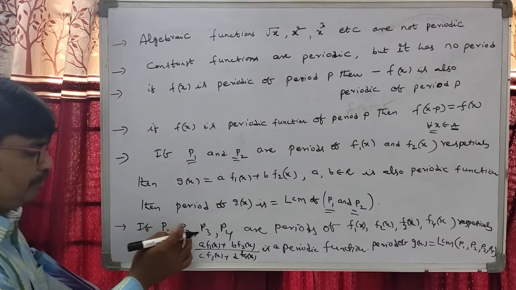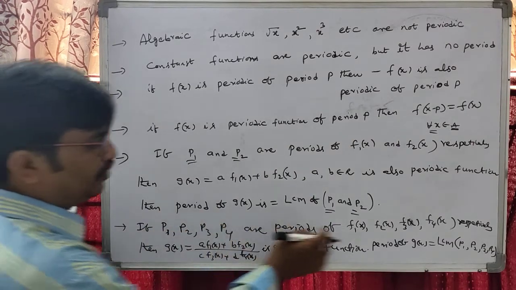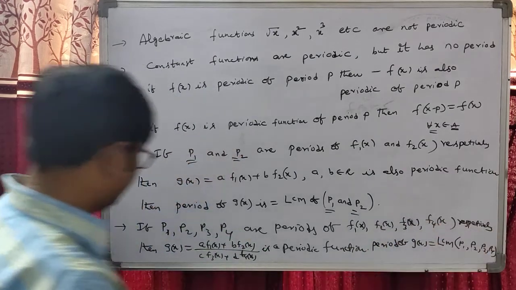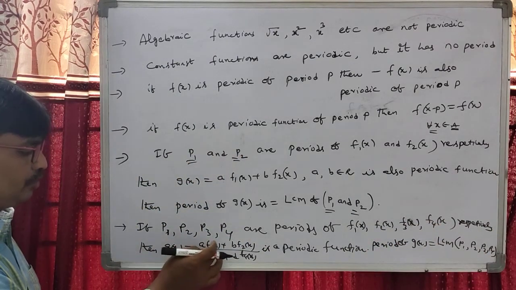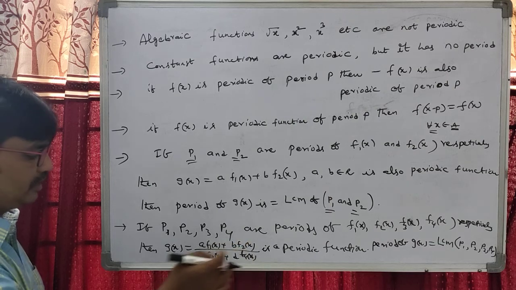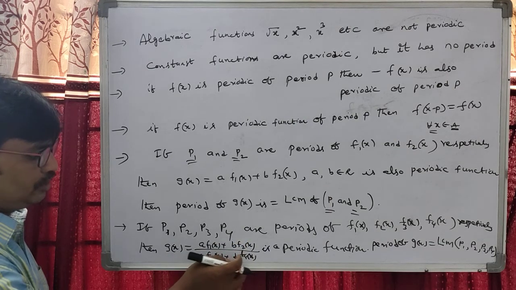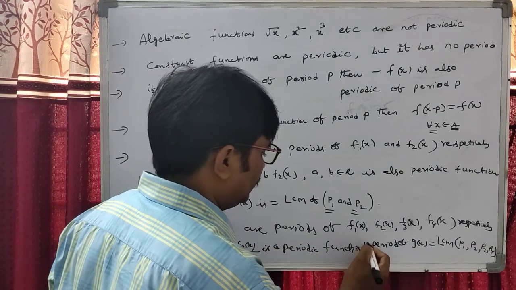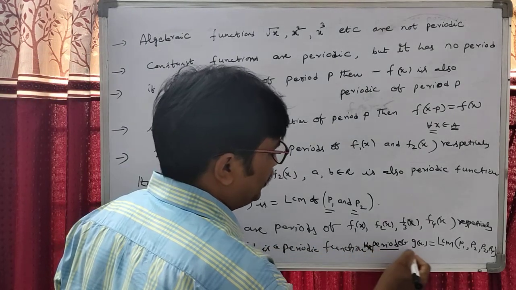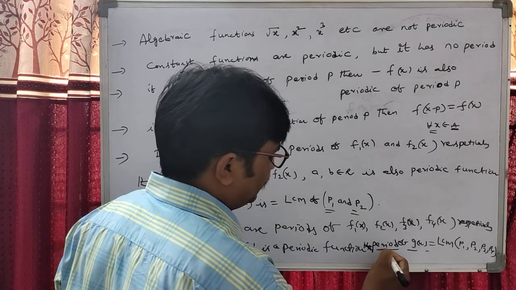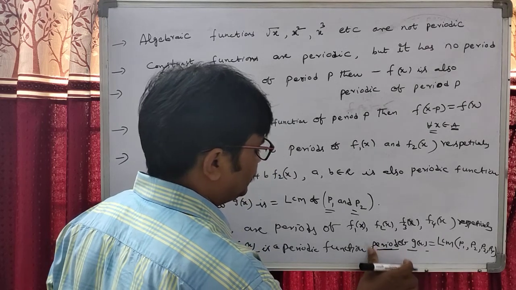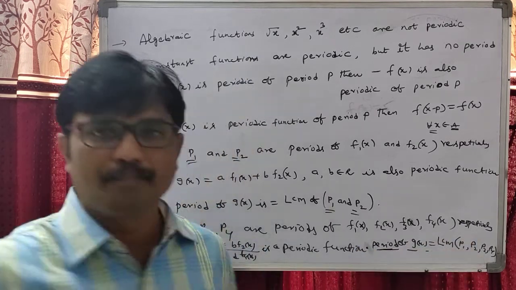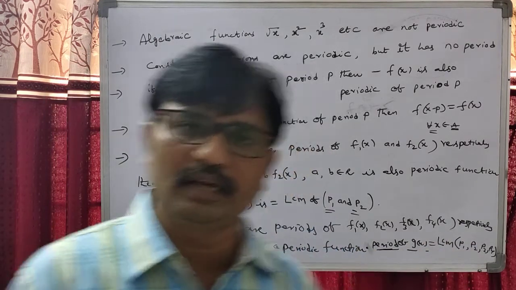So P1, P2, P3, P4 are the periods of f1 of x, f2 of x, f3 of x, f4 of x respectively. Then g of x, the combination of these functions, is a periodic function, and the period of g of x is the LCM of P1, P2, P3, P4.